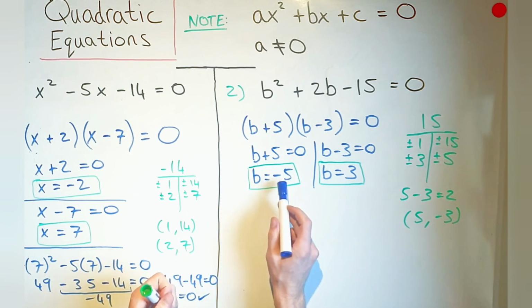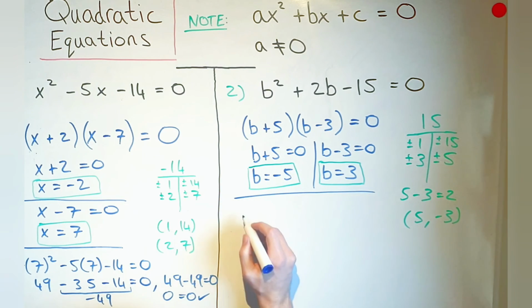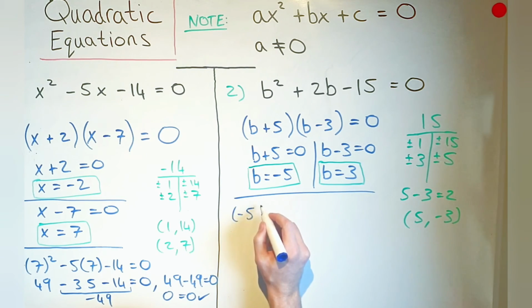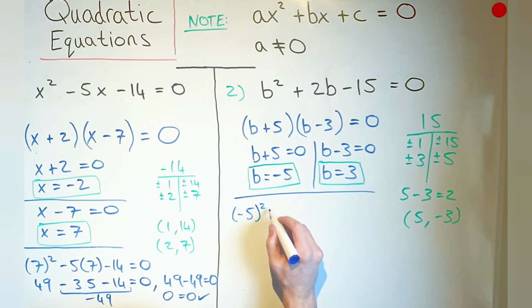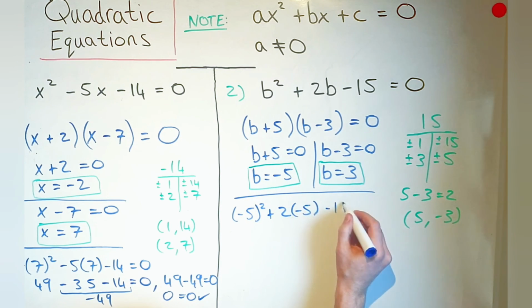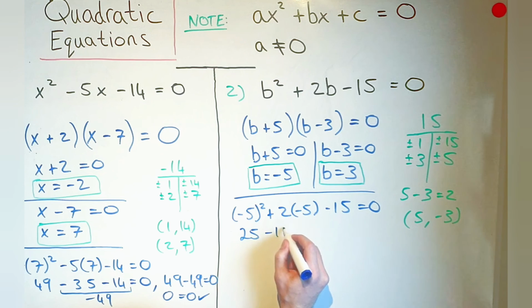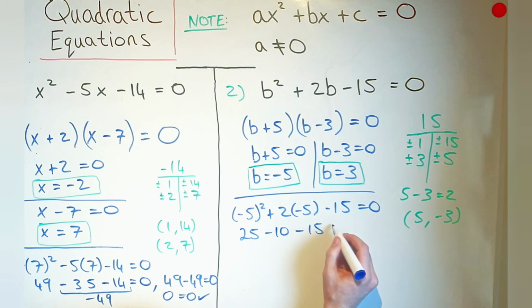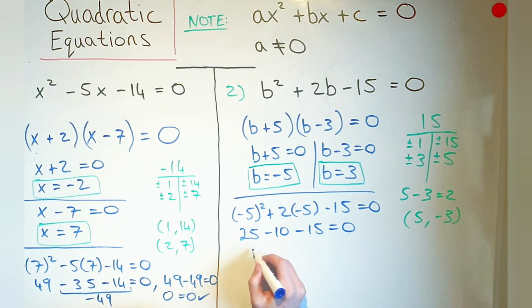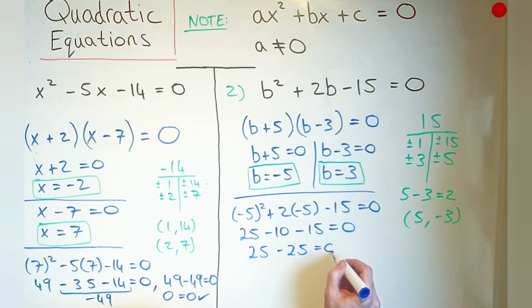So plugging the minus 5 into the original equation, that's going to give us minus 5 squared plus 2 by minus 5 minus 15 equals 0. So that's a 25, that's going to be a minus 10, and minus 15 equals 0. So then that's going to be 25 minus 25 equals 0, or 0 equals 0.